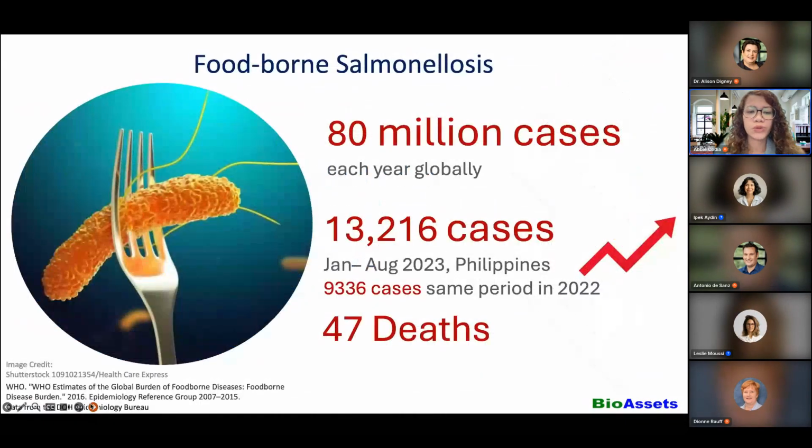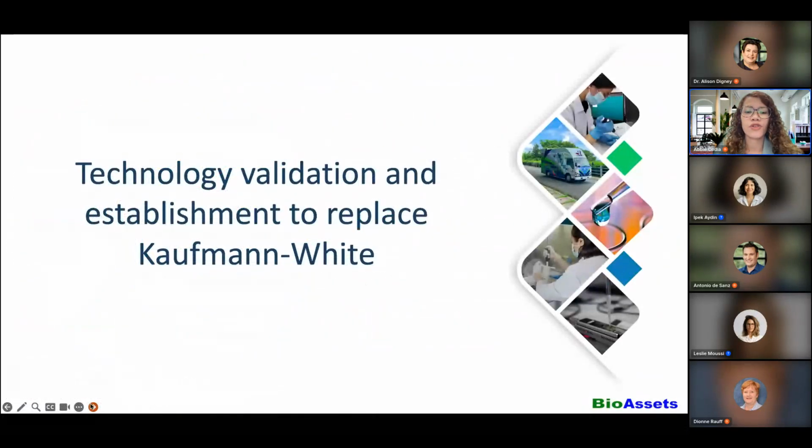So what do we do? What did we do to help in this salmonella problem? First, we adopted the technology, validated it, and were able to establish that it can replace the Kauffmann-White.